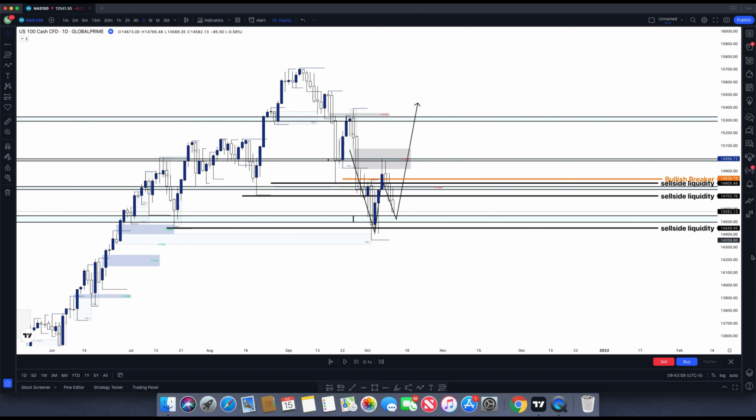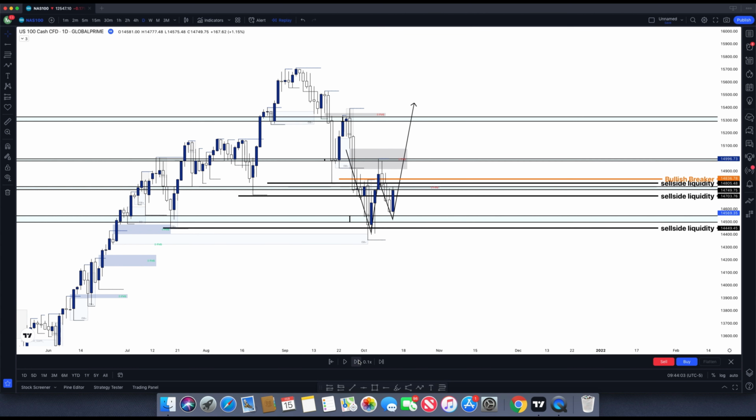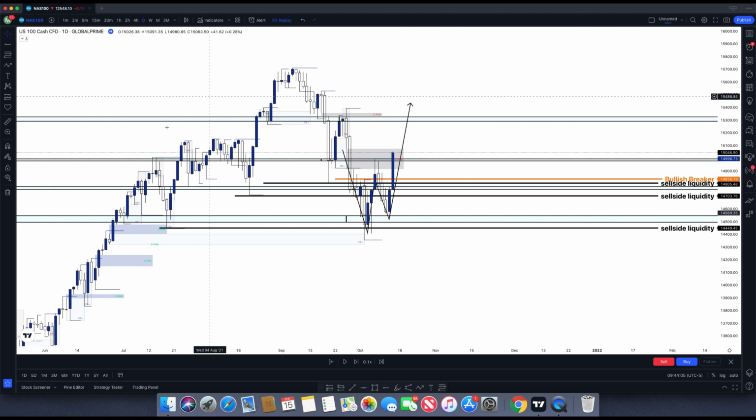So now from this point, the market can trade back bullish. I'll delete some of these lines so you guys can see clearly.